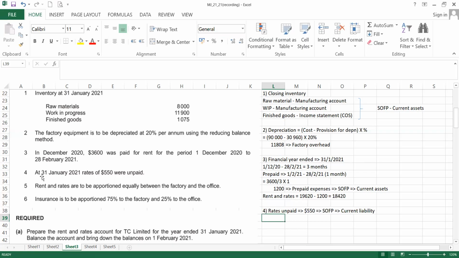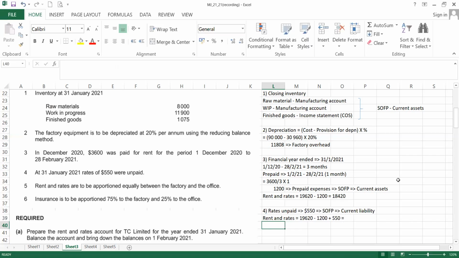And we have to adjust the rent and rate because this rent and rate are combined. Current liability at the end of the year, we have to plus. Prepaid expenses have to minus, accrued expenses have to plus for the year end.